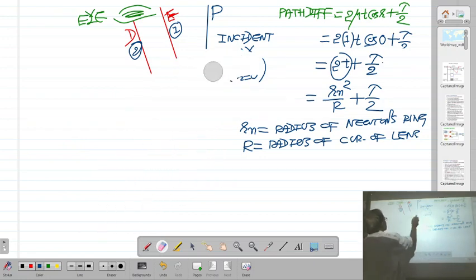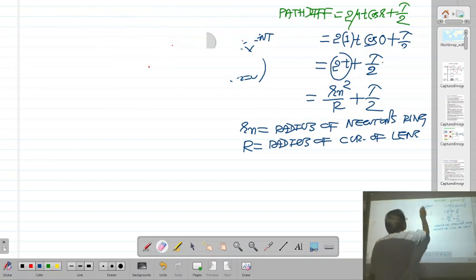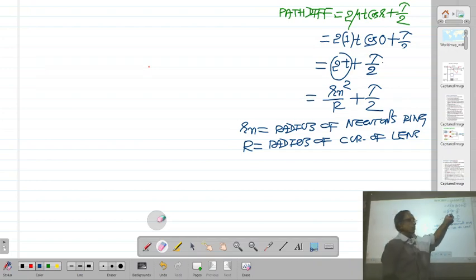In Newton's ring experiment, the expression for the optical path difference is small r square upon capital R plus lambda by 2. I write the condition for the bright ring.